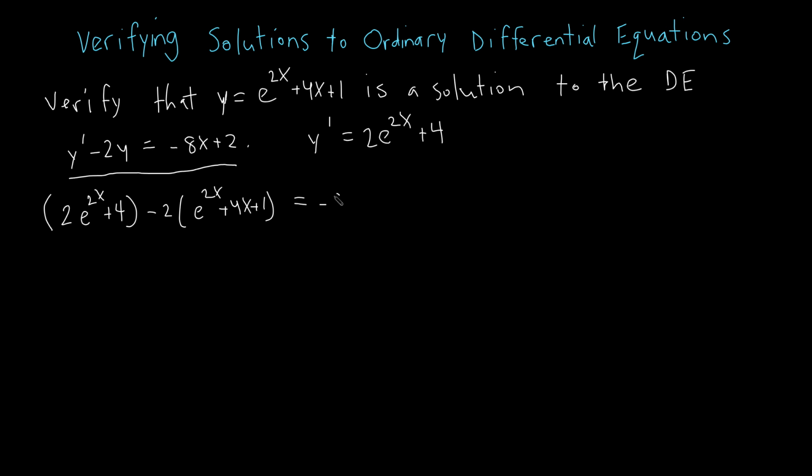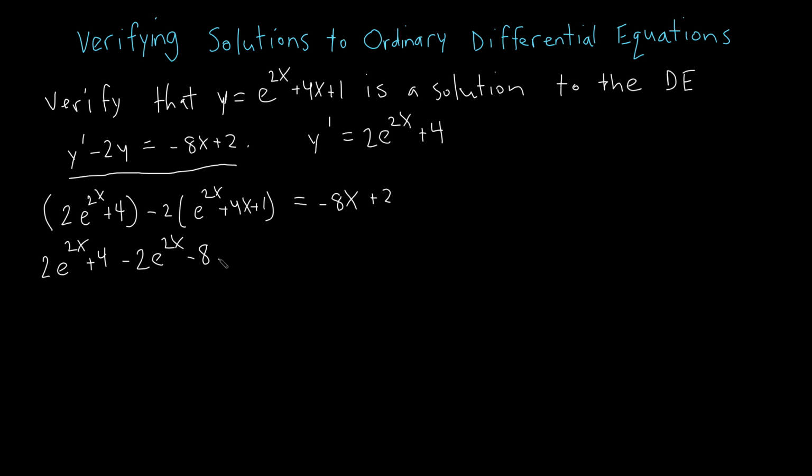And does that equal negative 8x plus 2? And then we distribute and see what comes out. Get a negative 8x, a negative 2. And does that equal negative 8x plus 2?